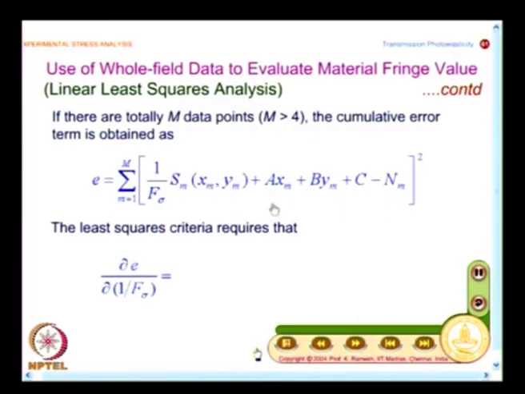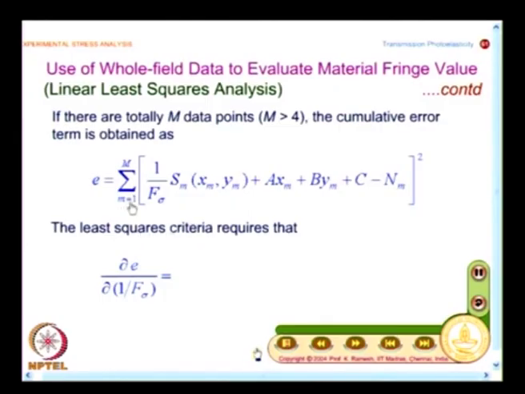And what I do is I have a difference, that is why I put a minus sign, and I take a square of it. Suppose I have m data points, I sum all these squares, because I am not worried about whether it is a positive error or negative error, I am only interested in the magnitude of the error.